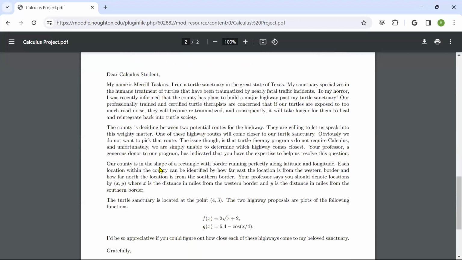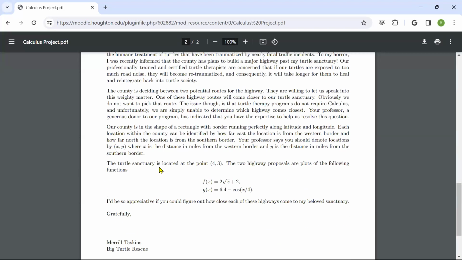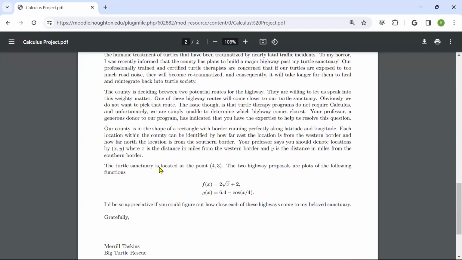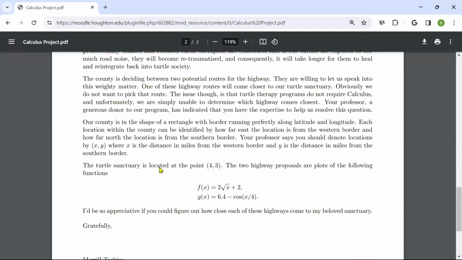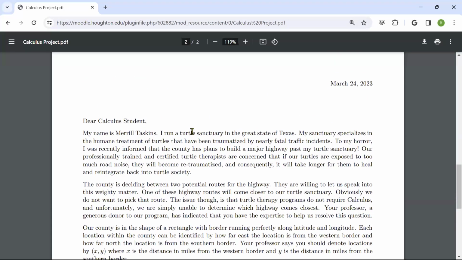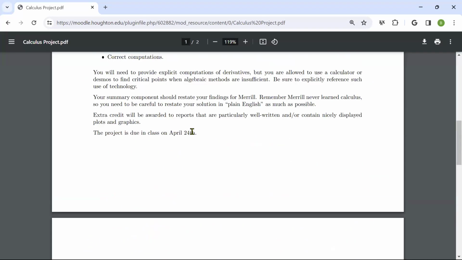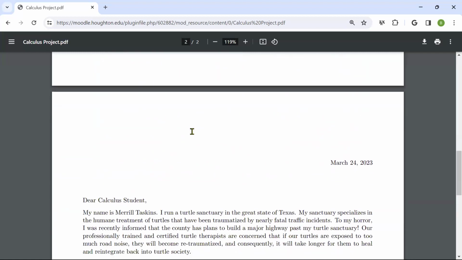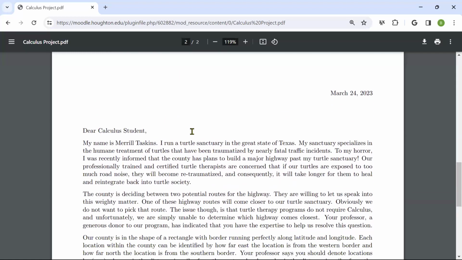But the basic idea is, there's a turtle sanctuary, and there are two plans for a highway, and the issue is we want to figure out which highway stays furthest away from the traumatized turtles. Jackson hasn't heard this one. Look, I get bored in my office. So you can read the letter at your own leisure.